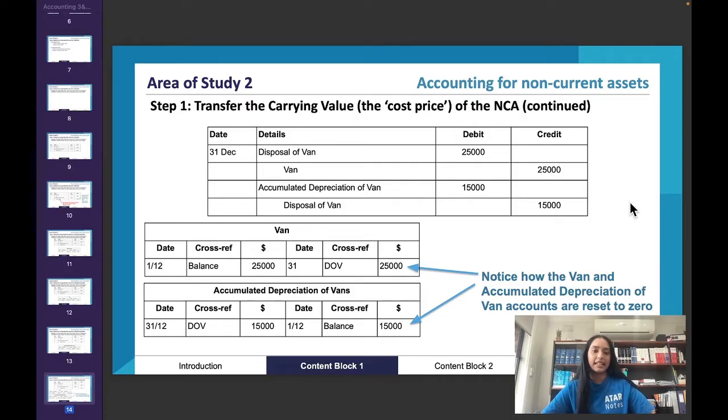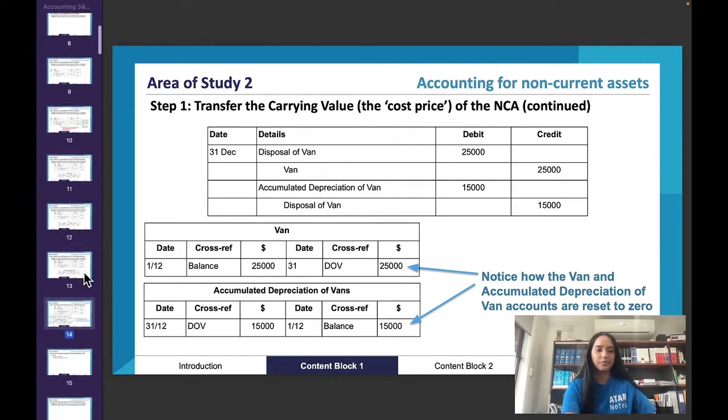But in this case, it is only one van that the business has on hand, so it does get reset to zero. But just note that the resetting to zero isn't always what happens, because it just depends how many of that non-current asset the business has.